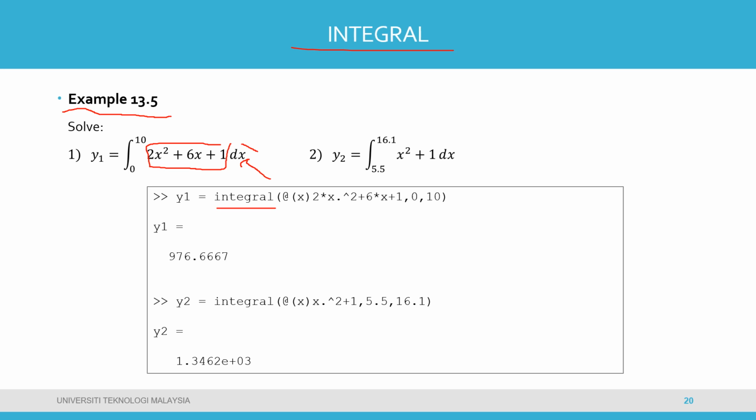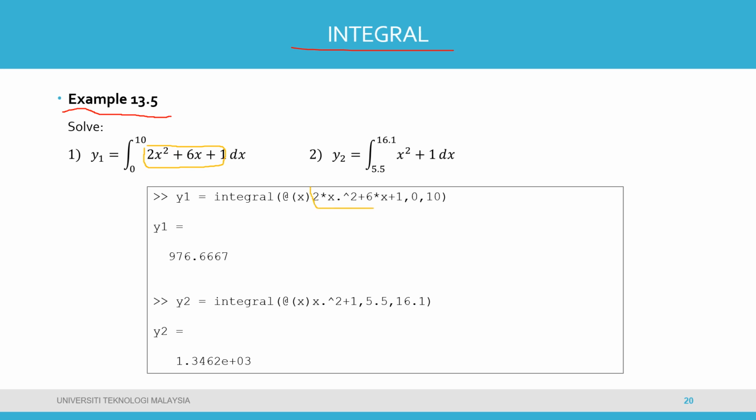Basically you write the function here. You can see here, this is the function. Okay, this is the same thing. Maybe I'll just use a different color. Okay, you can see here, this is the function.